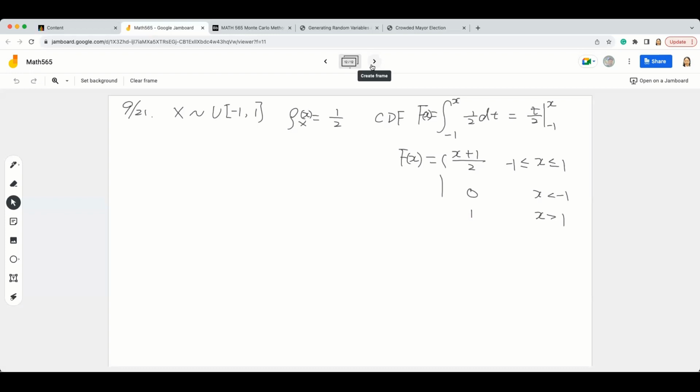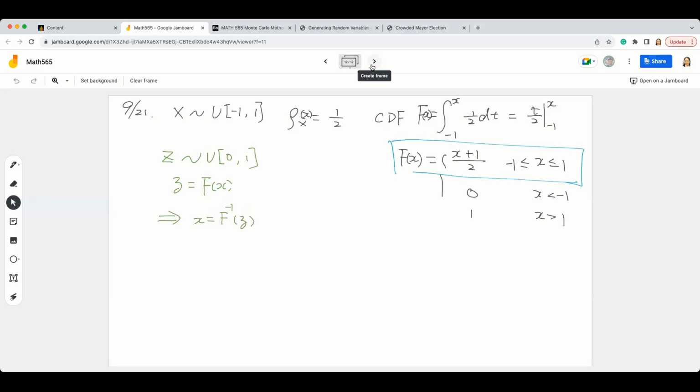Okay, then we try to play with that. Suppose we have some z that satisfies the standard uniform, and then I get some little z. Because it's continuous, z is F of x. And then we try to figure out x is equal to F inverse of z.